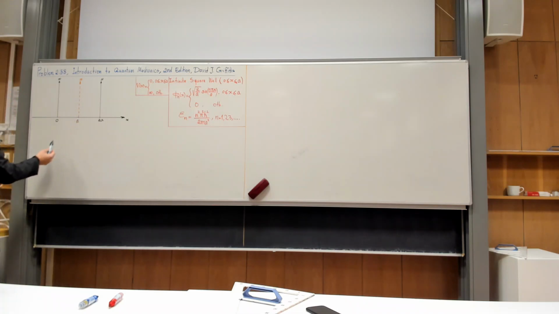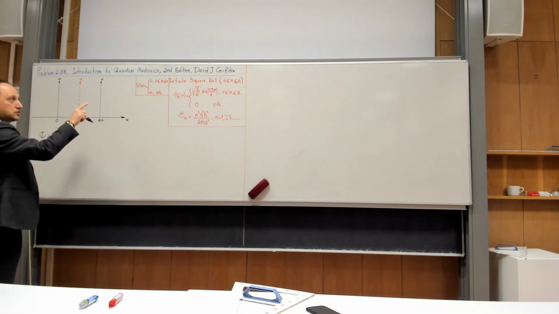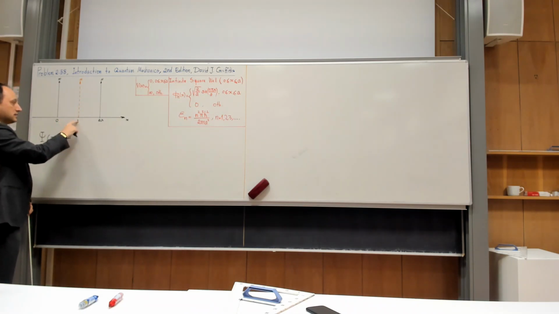For my initial wave function, from what we understand in this problem, the initial state for my particle is the ground state of the infinite square well of width a.